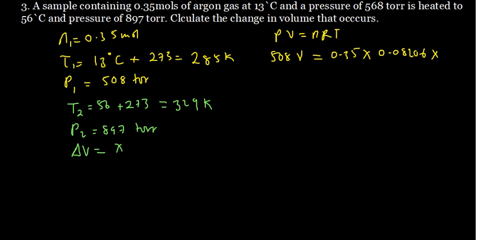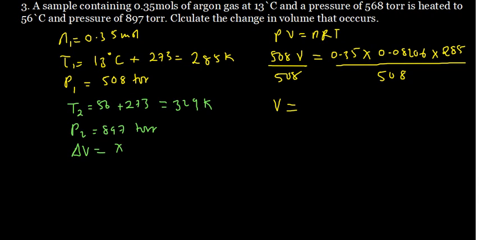The temperature is 285, because we did 13 plus 273, 285 Kelvin. So we divide both sides by 508. Therefore the volume is going to give us 0.35 multiplied by 0.08206, also multiplied by 285, then divide that by 508.